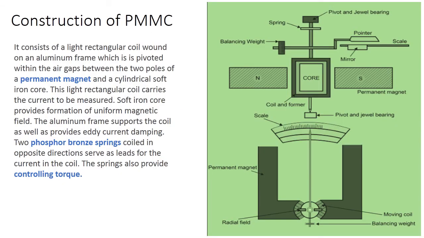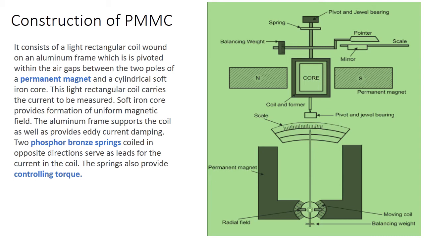Now we will see construction of PMMC instrument. It consists of a light rectangular coil wound on an aluminium frame, which is pivoted within the air gap between the two poles of the permanent magnet and a cylindrical soft iron core. This light rectangular coil carries the current to be measured.